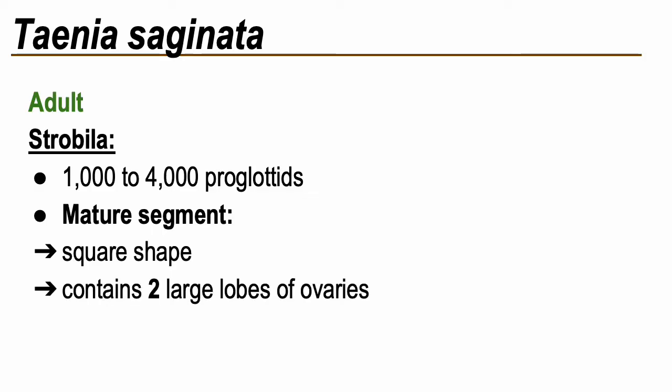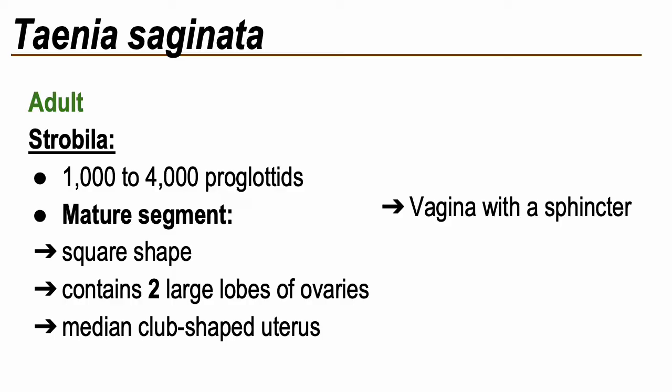So, it contains 2 large lobes of ovaries and a median club-shaped uterus. Aside from that, unlike Taenia solium, Taenia saginata contains a vagina with a sphincter. And it has more follicular testes than Taenia solium, around 300 to 400.